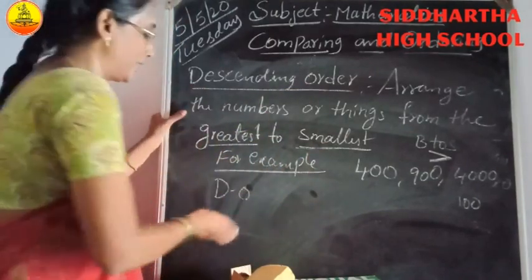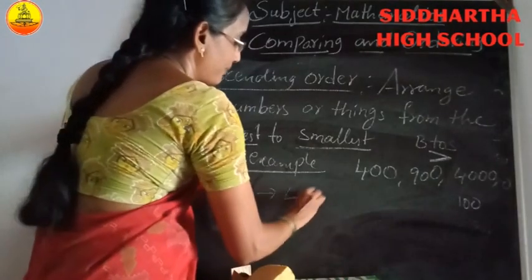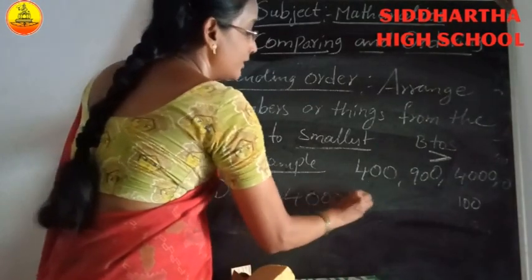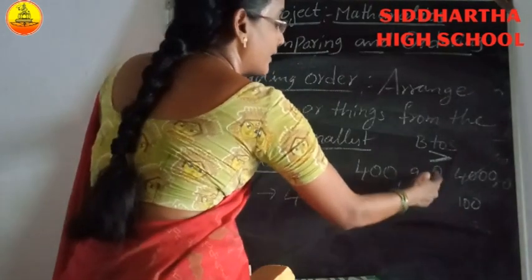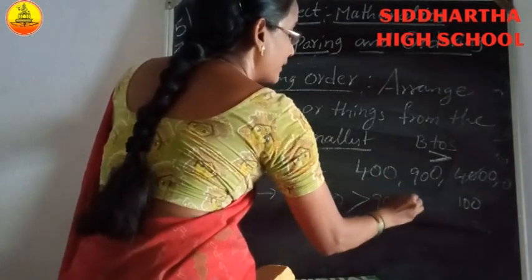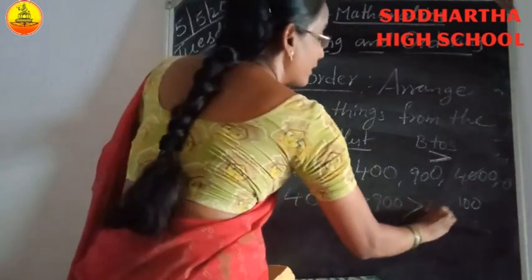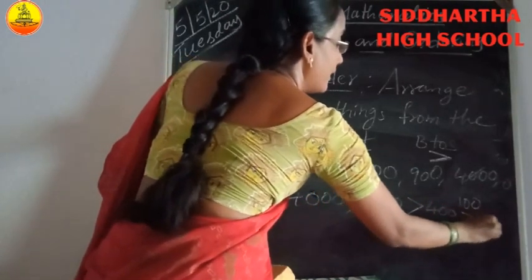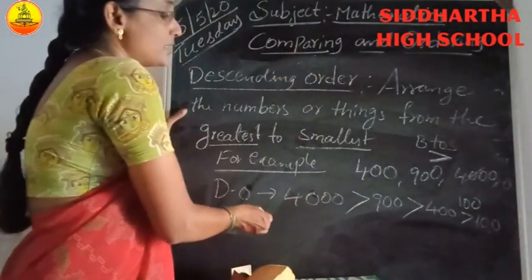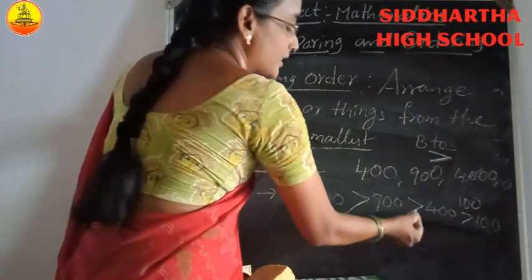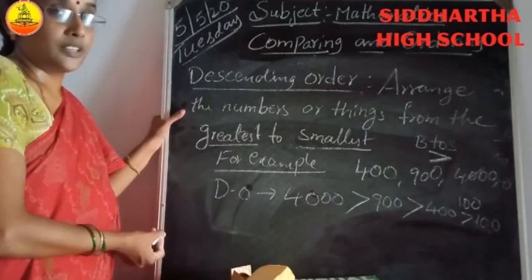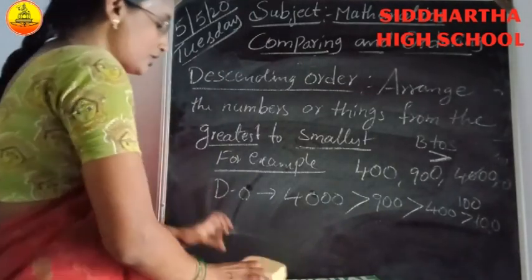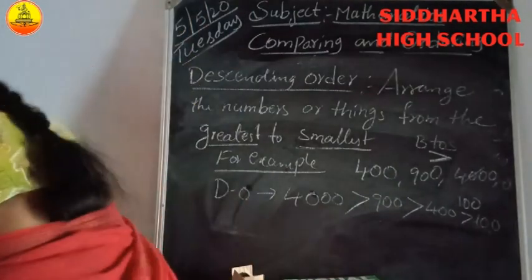So the 4 digit number is big. 4000 is greater than 900, 900 is big. 900 is greater than 400, and 400 is greater than 100.